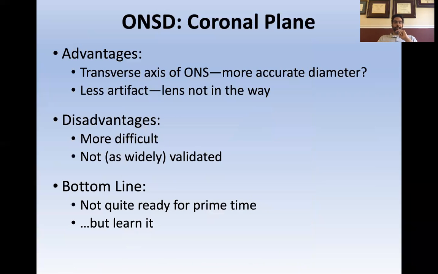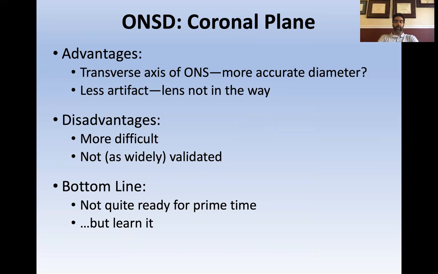Okay. The other theoretic downside of using the transverse eyeball long axis optic nerve sheath measurement approach is that when you image the optic nerve sheath that way, you're actually going through the lens. And if you have someone who has an abnormal lens because of cataracts, for example, it could potentially cause diffraction or scattering of the sound waves in much the same way cataracts cause scattering and diffraction of light waves.